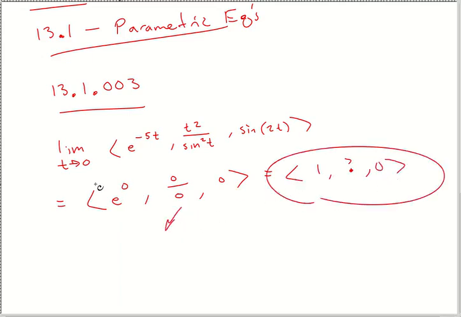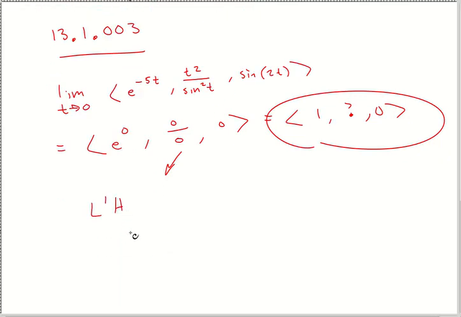Notice though, if you get a limit and it goes to 0 over 0, you're going to use L'Hopital's rule. So how does that work? I'm going to find the derivative and then take the limit again. Derivative of the top and bottom separately, I got 2t in the top and the bottom.